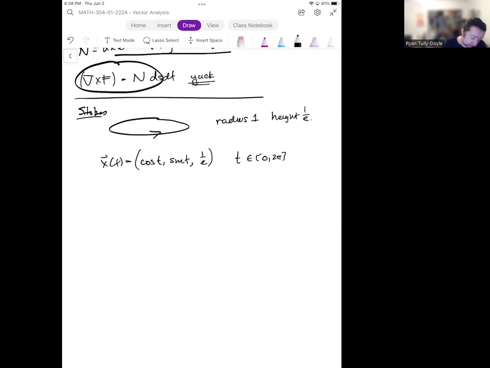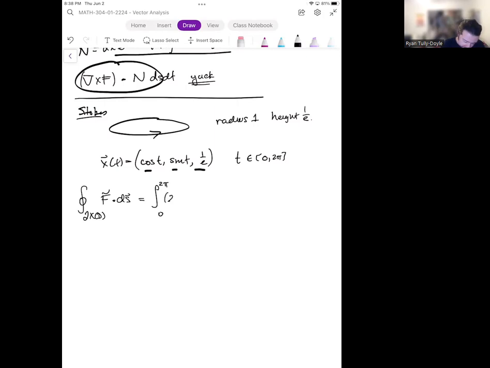So I try to compute this. So it's going to be the integral around the boundary of f dot ds, which is equal to, okay, so I've got that path. So to integrate from 0 to 2 pi, I'm just going to take the field and I have to plug in my path. That's what I do when I do this.